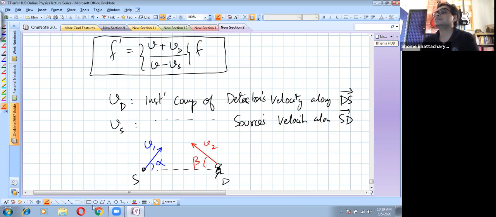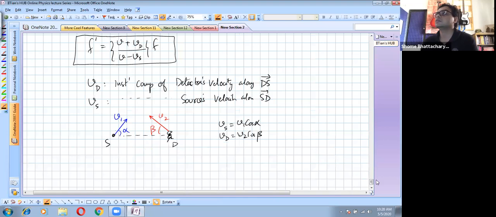Then over here in this diagram, you can see that your Vs will be the component of this velocity along this line, S to D. So that will become V1 cos alpha, and Vd will be the component of the detector's velocity, that is V2, along this line, V2 cos beta. So, okay, this is the general application of Doppler's effect.